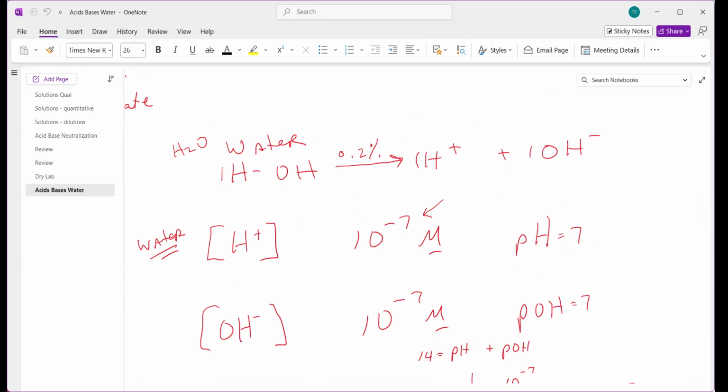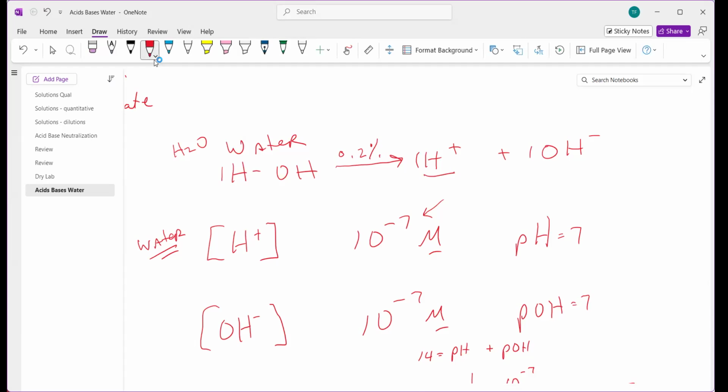So when that water molecule becomes an acid, it's going to disassociate an H plus, and it's going to disassociate an OH minus. And the ratio is 1 to 1.